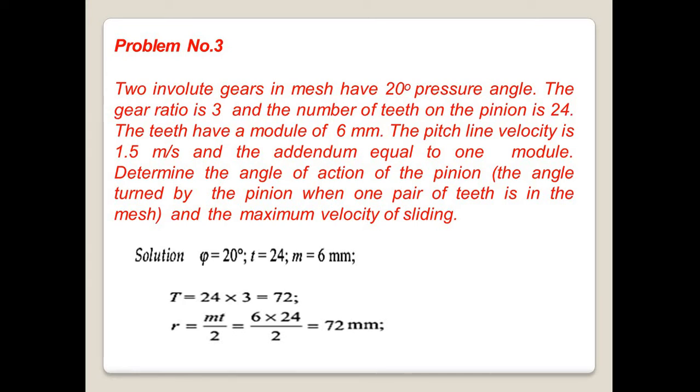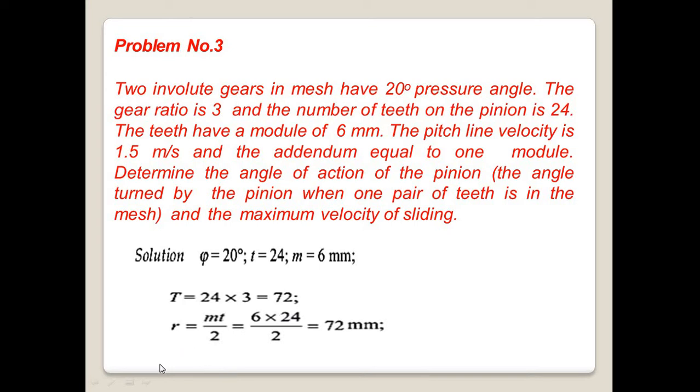The gear ratio G is equal to capital T divided by small t. So if we want to find capital T, the number of teeth on the wheel, capital T is equal to small t into gear ratio. The number of teeth on pinion is 24 and the gear ratio is 3. Therefore 24 into 3 is 72. This is capital T, the number of teeth on the wheel.